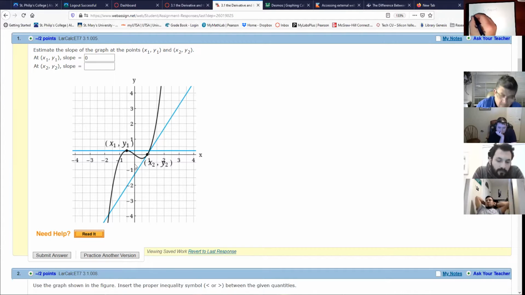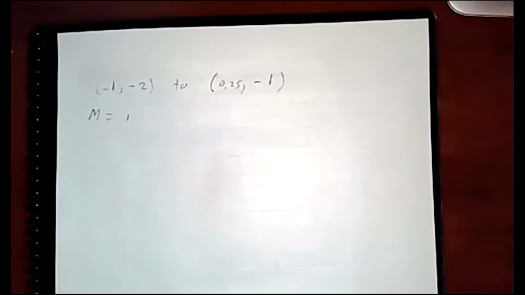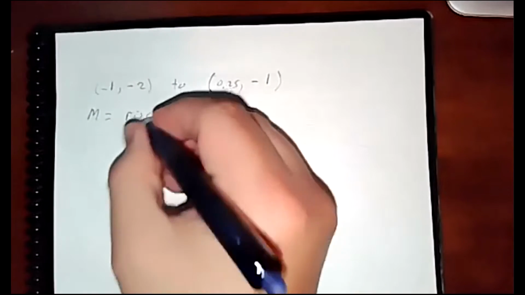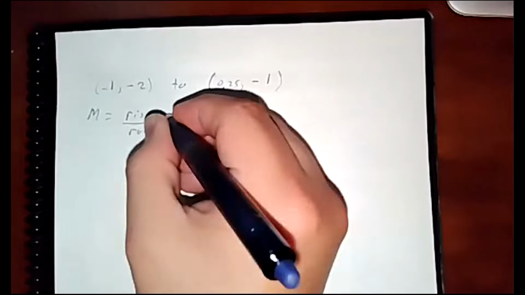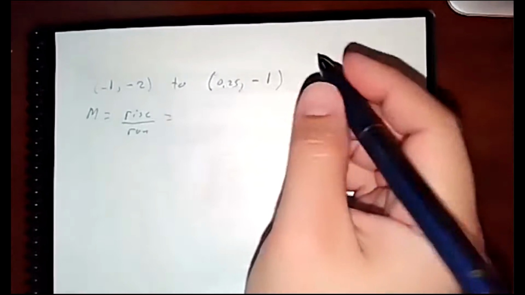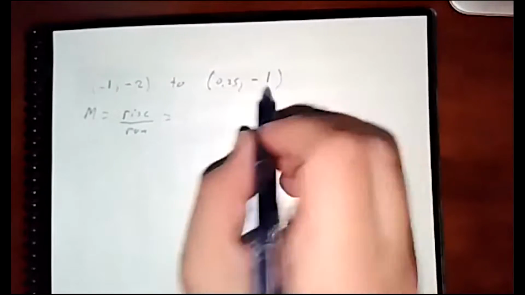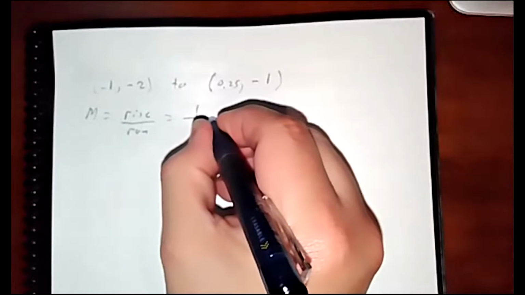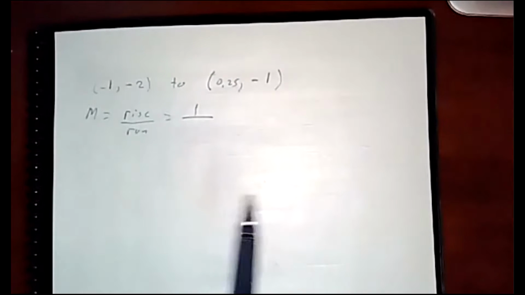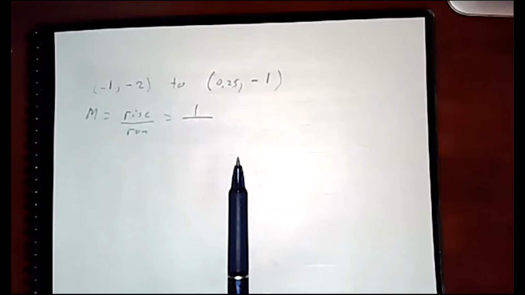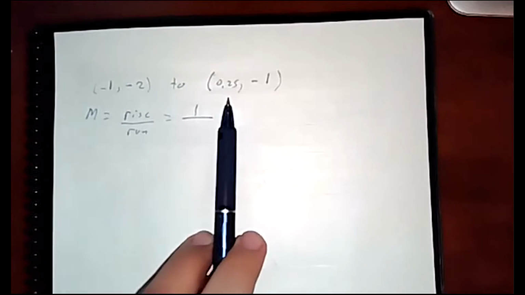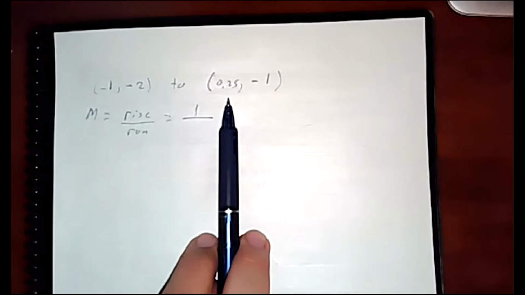Okay, so we should remember that slope is equal to rise over run. Rise is a difference of 1, over how much did my x change? From -1 to 0.25, how far is that? 1.25. That should be 1.25, right?